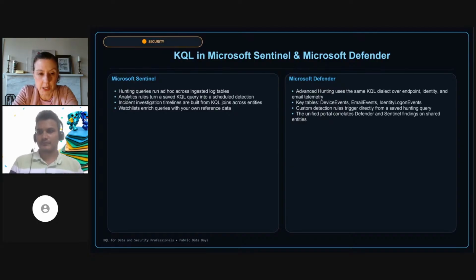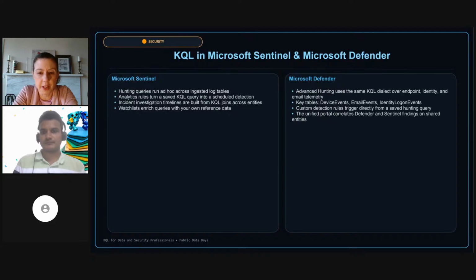So in Microsoft Sentinel, hunting queries run ad hoc across ingested log tables. Analytics rules turn a saved KQL query into a scheduled detection. Incident investigation timelines are built from KQL joins across entities, and watchlists enrich queries with your own reference data.